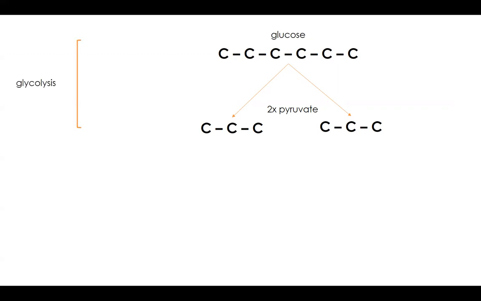I haven't noted it here, but we did form some ATP and NADH as we went along. Thinking about the carbons here, we've got 2 of these 3-carbon pyruvate molecules per glucose. These are ready for pyruvate processing, so let's get into that part of the process.